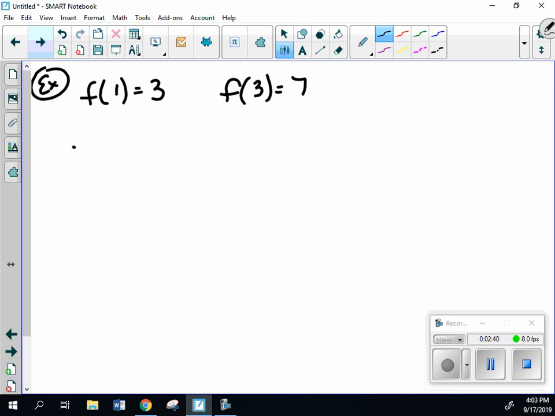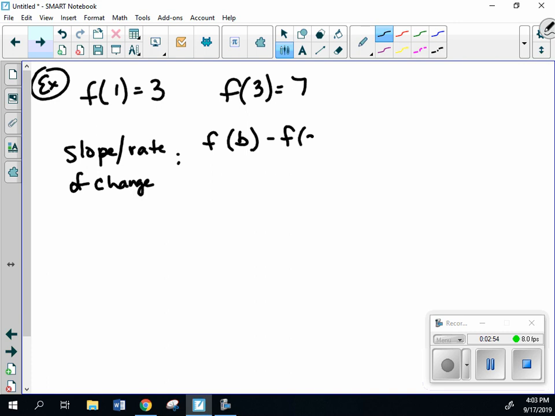And slope, remember, you can think of slope as the rate of change as f of b minus f of a divided by b minus a, where b and a are just points. Okay, so with that being said, I'm going to pick the right one to be my f of b.